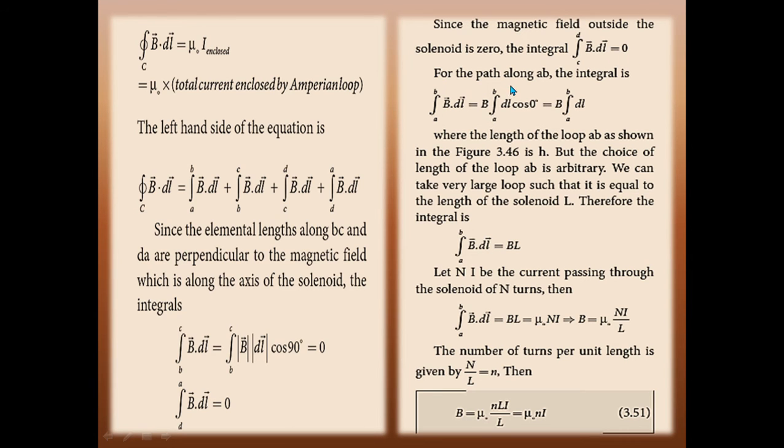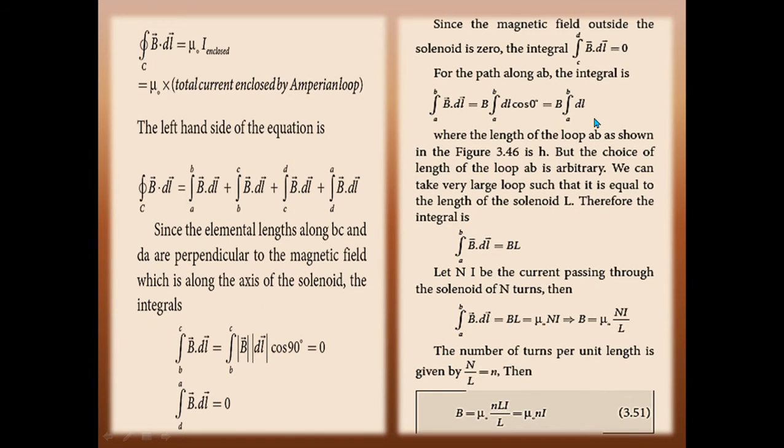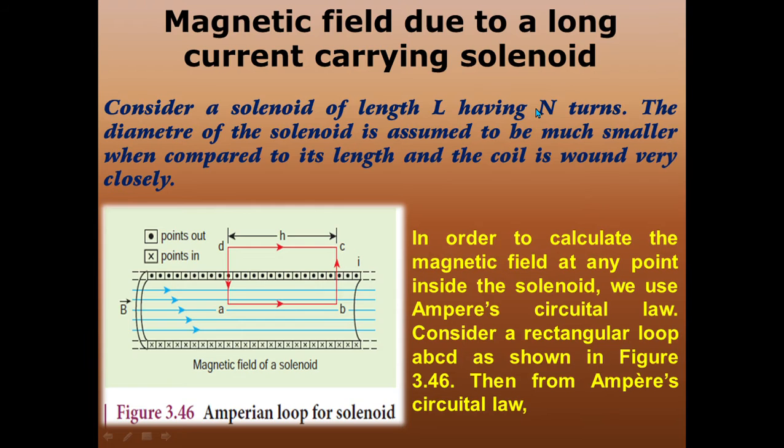For the path along AB, the integral A to B, B vector dot dl vector is equal to B into integration of A to B, dl cos 0 degree, because along A to B the direction of the path and the magnetic field are parallel.